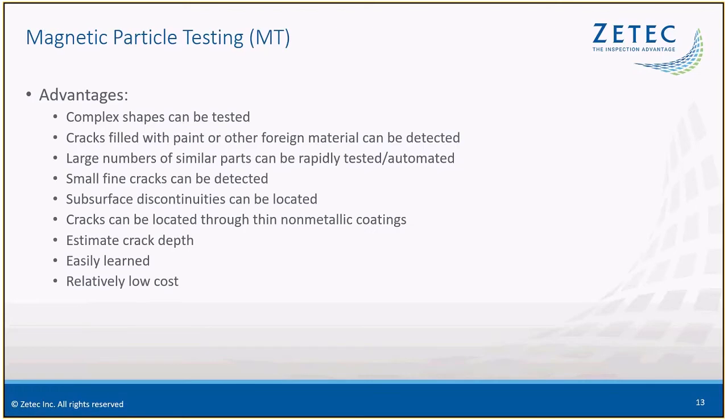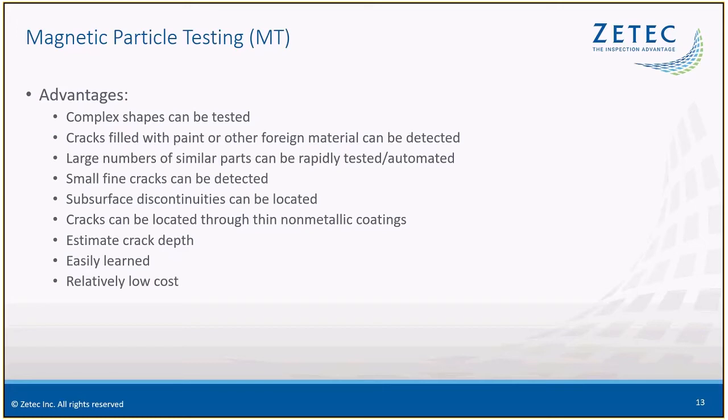Some advantages with MT are that you can do complex shapes. You can actually resolve cracks with paint or material in the cracks, so it doesn't totally require removal of paint. You can do a large number of parts at one time, and small cracks can be detected.